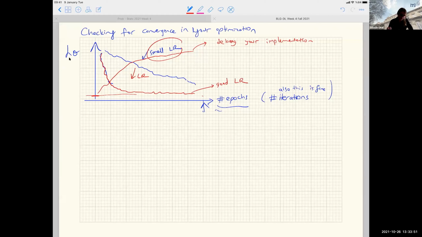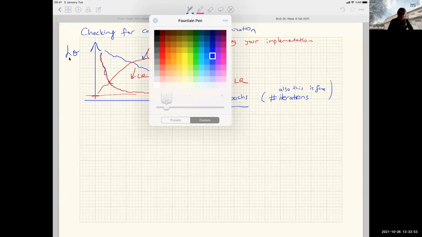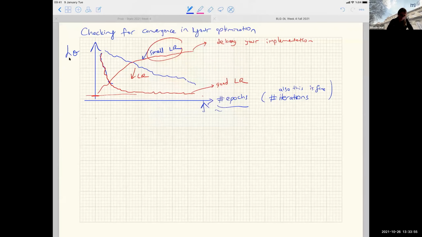What else? There are also learning rate regimes people fix. There are exponential decay ones. There are ones inversely proportional to the number of iterations.